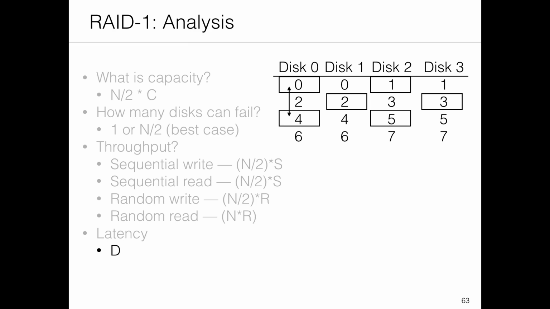But your question was about writing. For each write, you'll have to write to 2 disks, right? So the parallel writing capacity, the amount of effective, logical data that you can write, is reduced by 2.